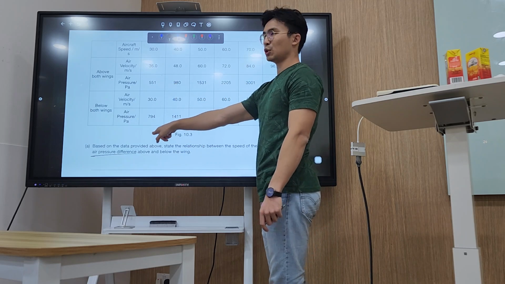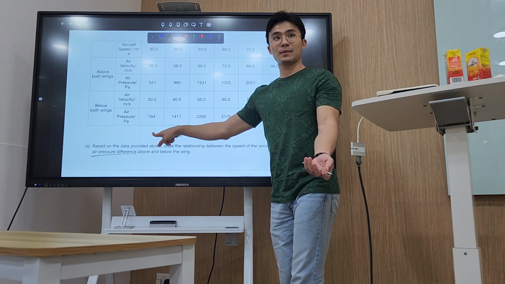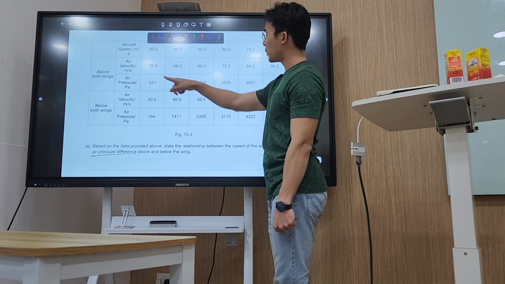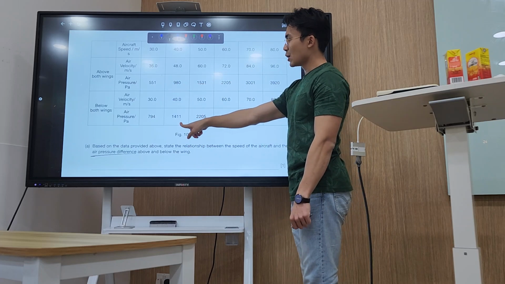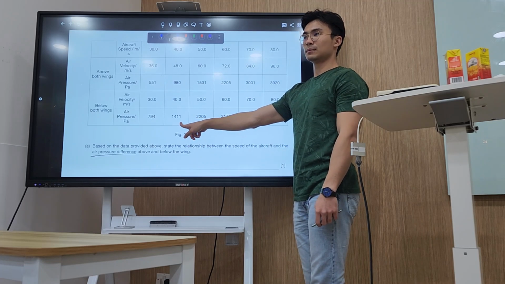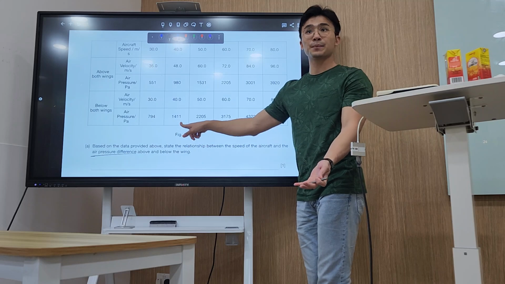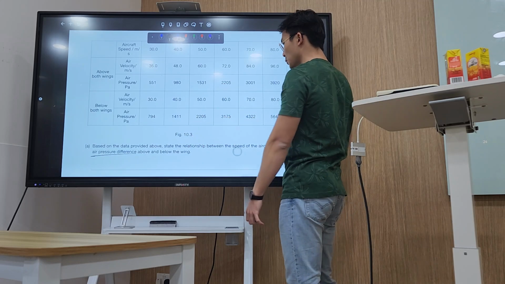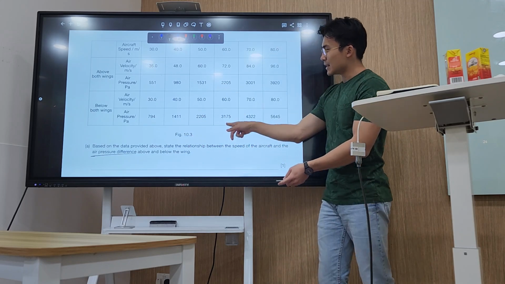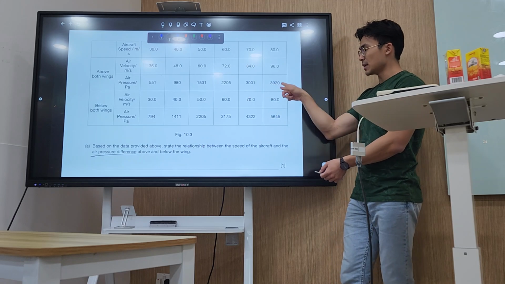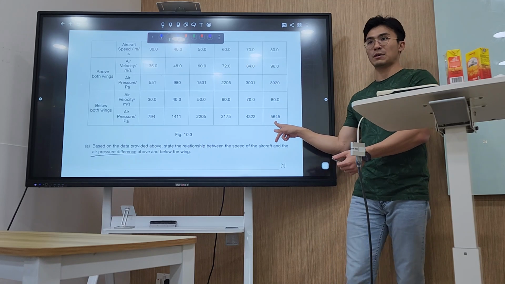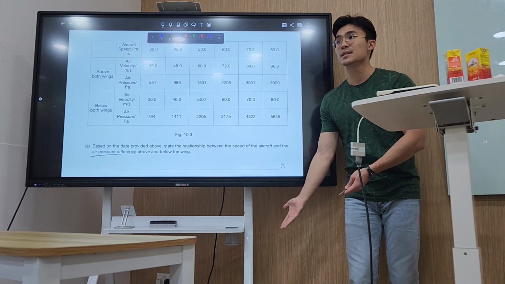500, 700 is for 200 plus. 794, 551. Now it's 980, closer to 500. Not exactly 500, but it's got closer, right? And then 1531, 2205 is about 700. This is close to 1000, this is more than 1000, this is almost 2000. So the trend is very obvious, right?